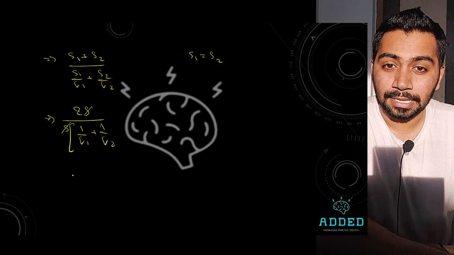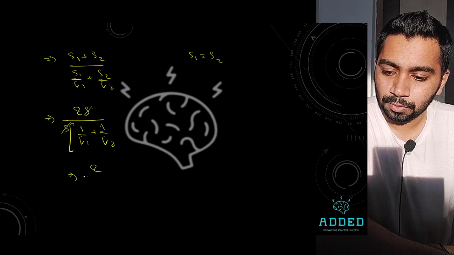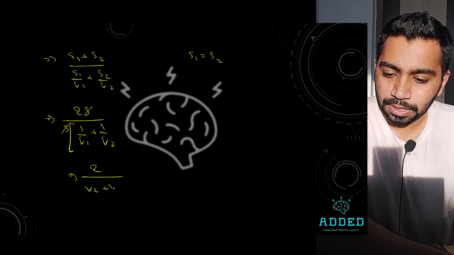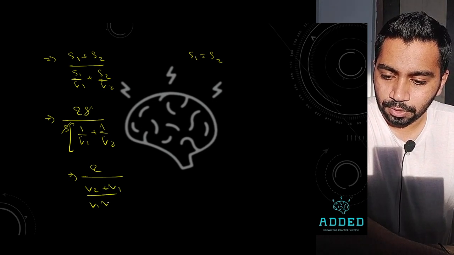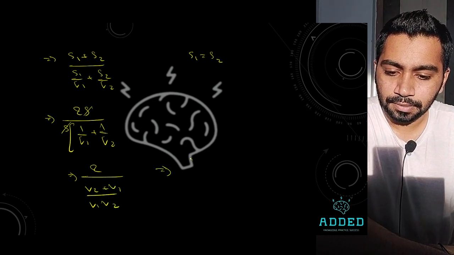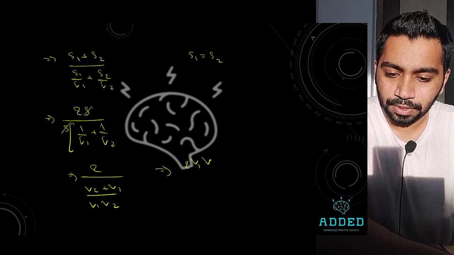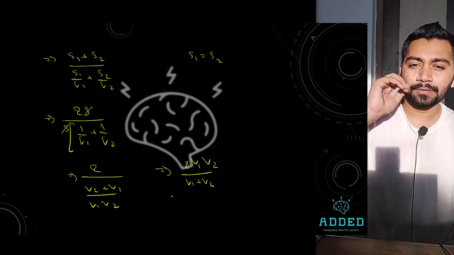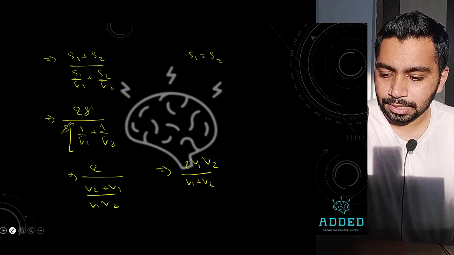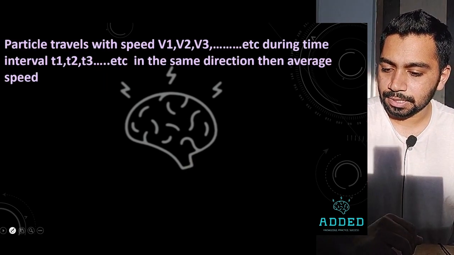The s gets cancelled. Totally, 2 divided by v2 plus v1 over v1 v2. Finally I will get 2 v1 v2 divided by v1 plus v2. If they are given only distance and velocity, then this is the case. There is one more case we will discuss.